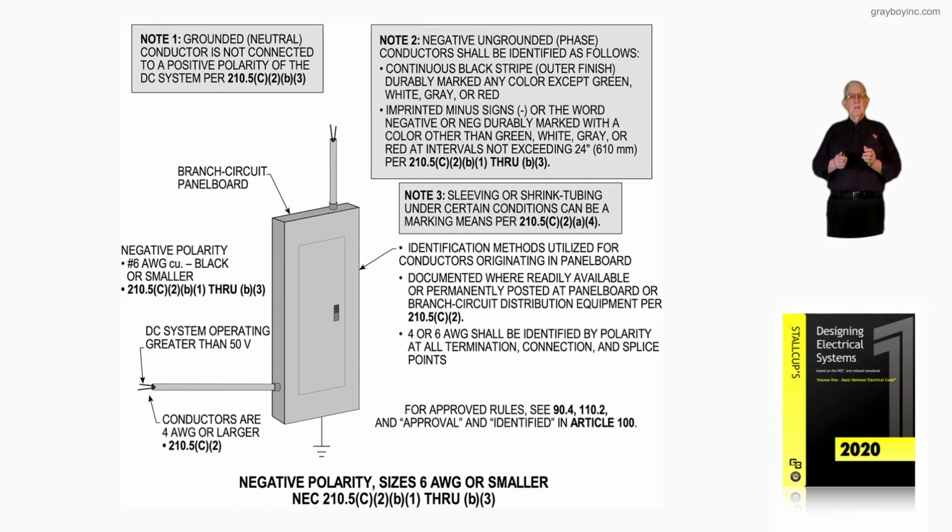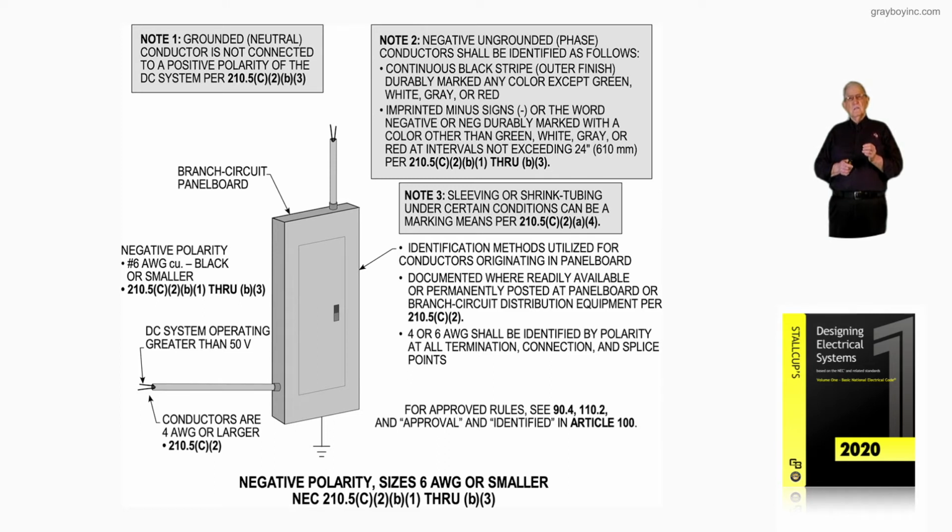Now, with the bullets reviewed, let's review to the right of the illustration first, right below note 3. Identification methods utilized for conductors originating in the panel board. Now, our documentation was readily available or permanently posted at the panel board or branch circuit distribution equipment, but we follow all of the requirements and we must comply with 210.5(C)(2).